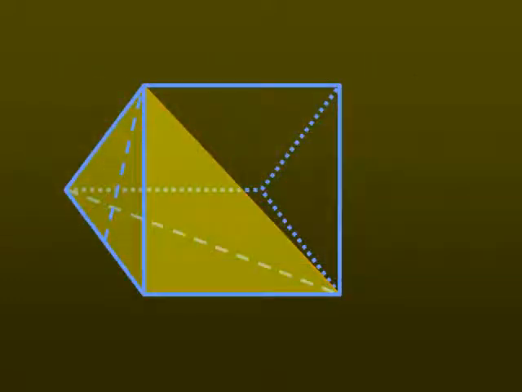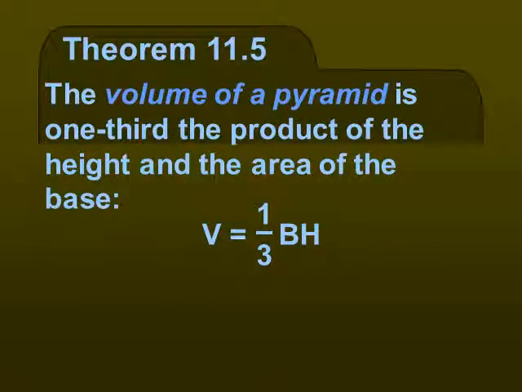Let me show you a different way where I stack those pyramids. All three fit in the same prism. Okay, so hopefully I proved it to you with pictures. Obviously not a proof, but an example.